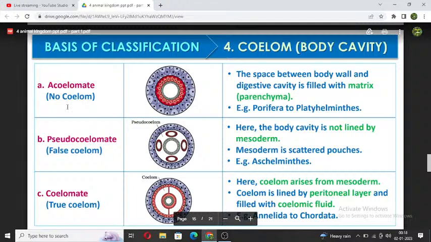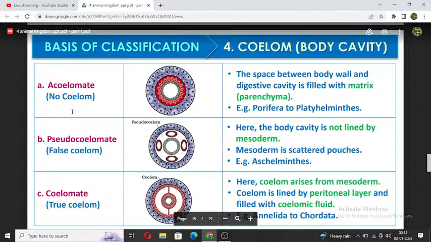Acoelomate organisms do not possess any coelomic cavity. The space between the body wall and the digestive cavity is filled just with a matrix. Mostly they are poriferans, coelenterates and platyhelminthes, where you cannot see any body cavity.